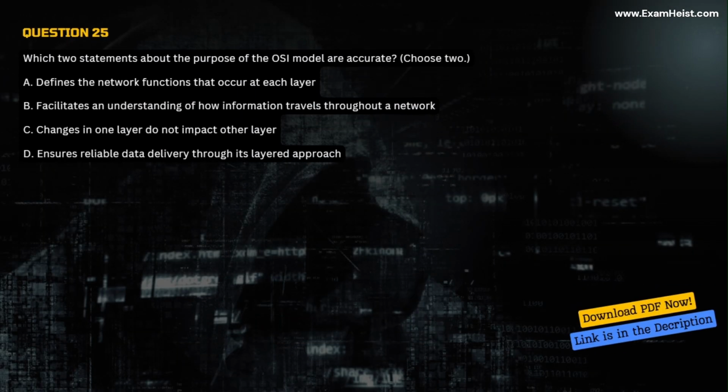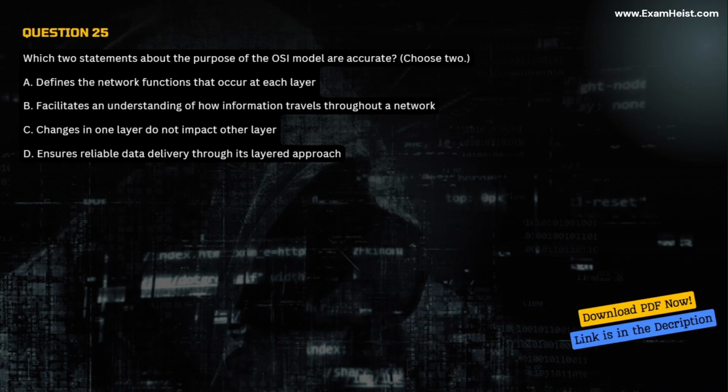Question 25. Which two statements about the purpose of the OSI model are accurate? Choose two. A. Defines the network functions that occur at each layer. B. Facilitates an understanding of how information travels throughout a network. C. Changes in one layer do not impact other layers.